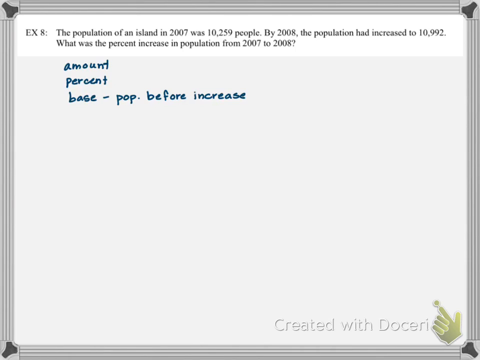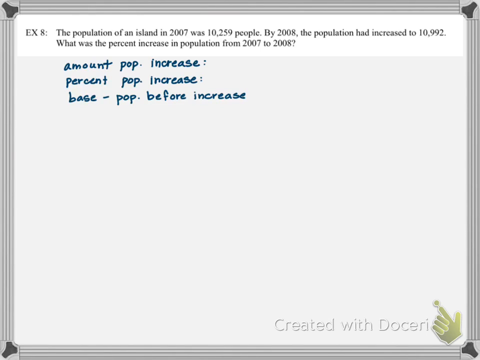I promise, it's not going to be wrong. You really have a choice. Do you have it be number of population increase? So just the increase? Sure, so the amount of population increase, and this is the percent population increase.